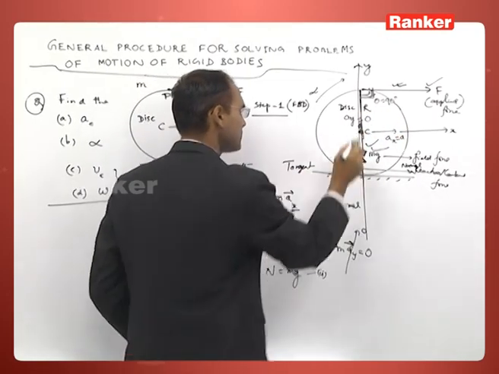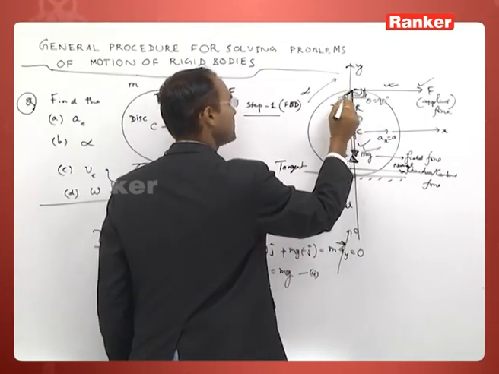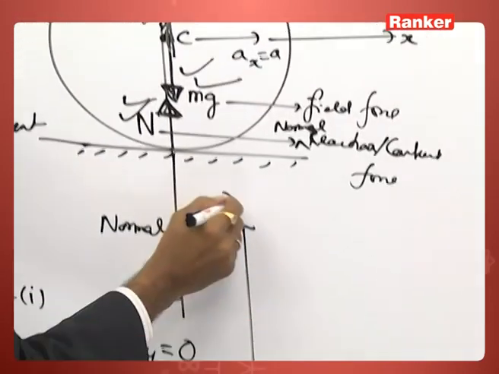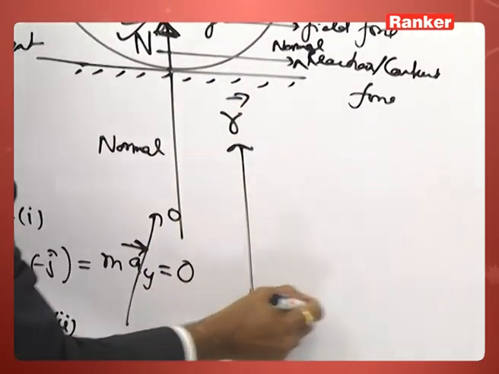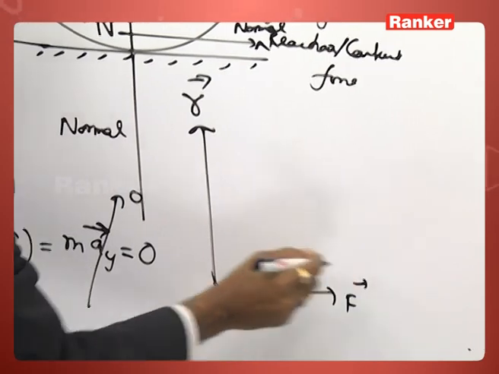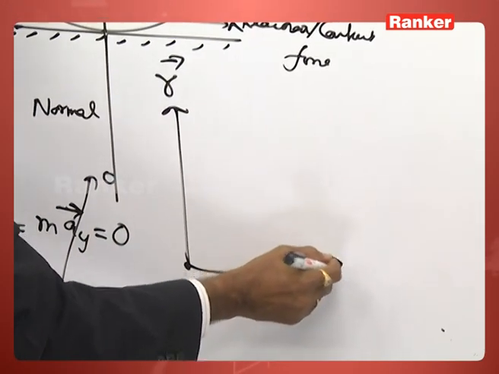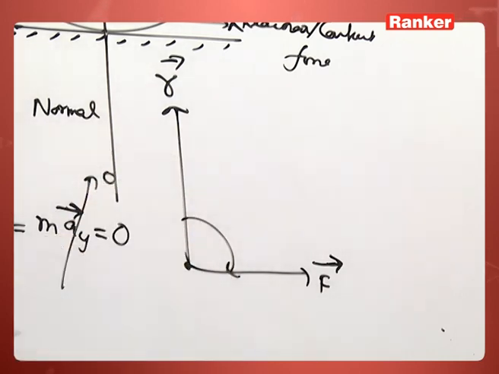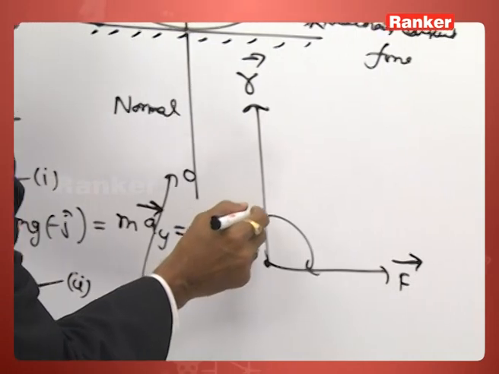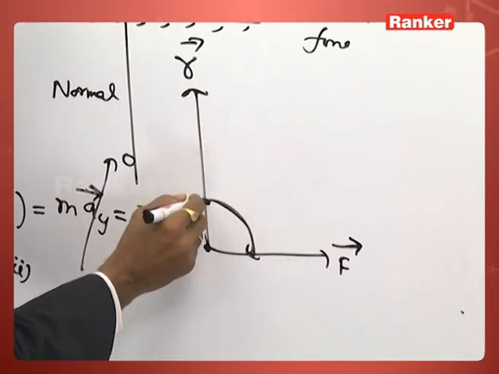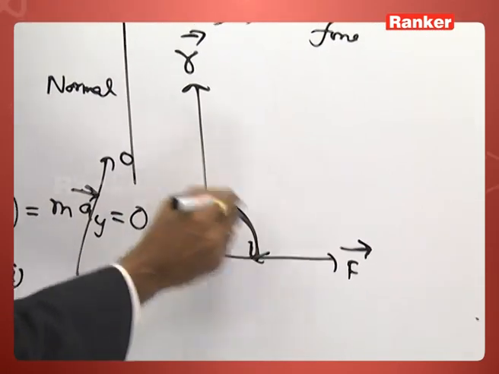Clockwise direction, because this is the R vector, this is the F vector. Bring the tails of these two vectors to a point, then you can write R cross F, the sense of rotation from R to F. From R to F, you have to move the angle.